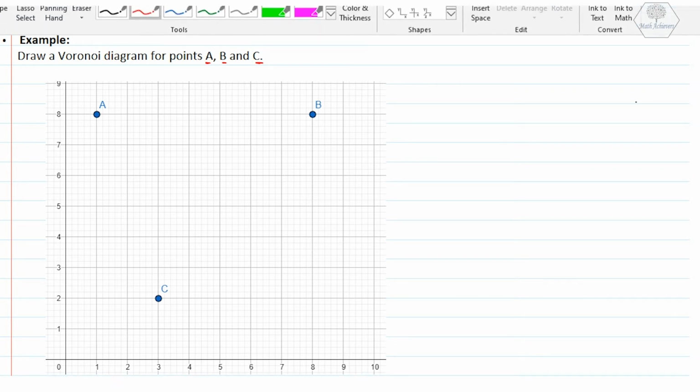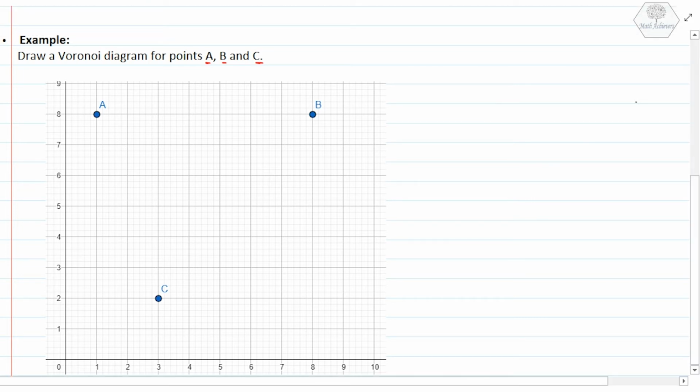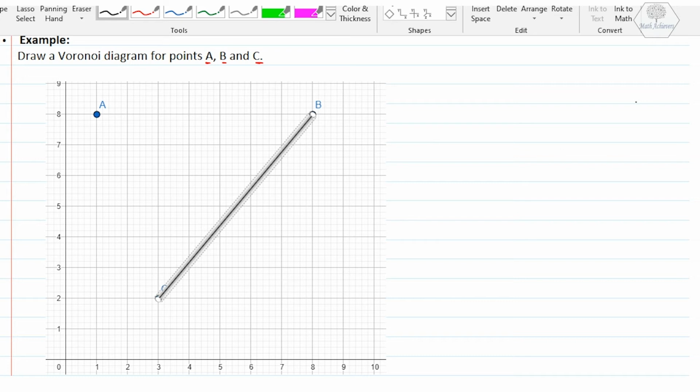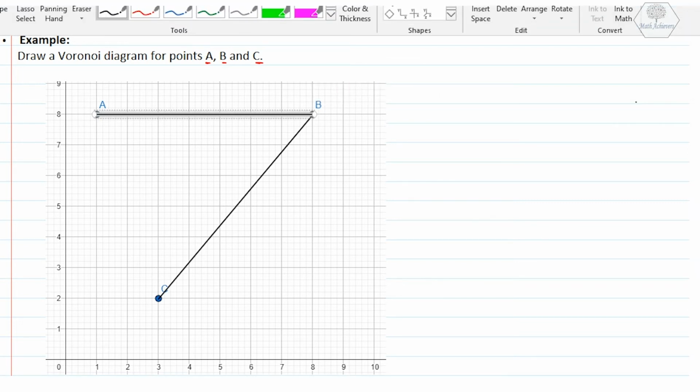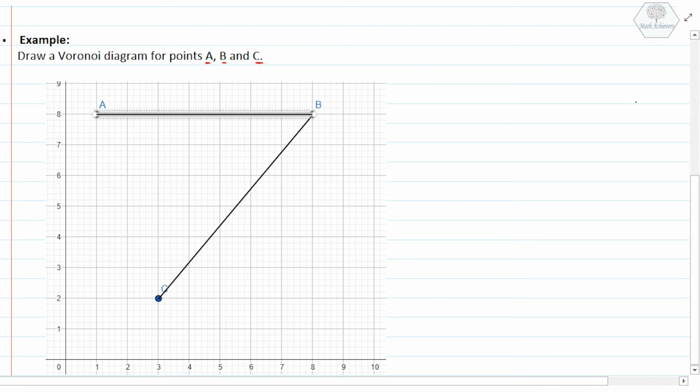The first thing I have to do is draw straight lines connecting the points A, B, and C. So I have to draw a straight line connecting C to B. I want to draw another straight line connecting A and B. Also, I have to draw another straight line connecting A and C.